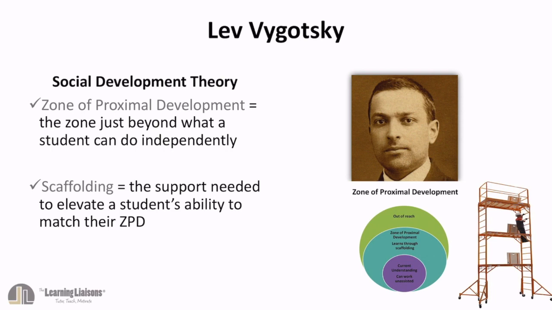It goes up tier by tier, and it comes back down tier by tier. So again, remember, when you're adding support for your students, we're adding it tier by tier, and then we're removing that support tier by tier as well. Let's go ahead and move into the next slide where we're going to look deeper at the image for zone of proximal development.